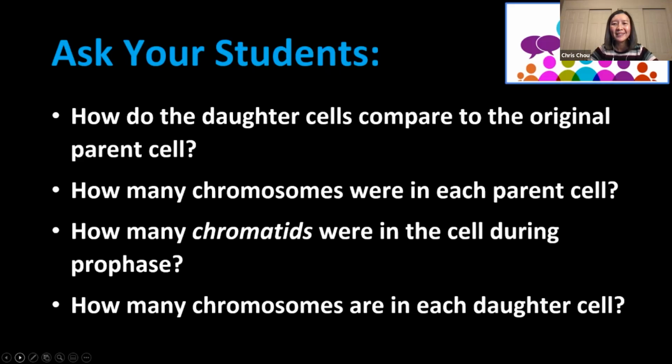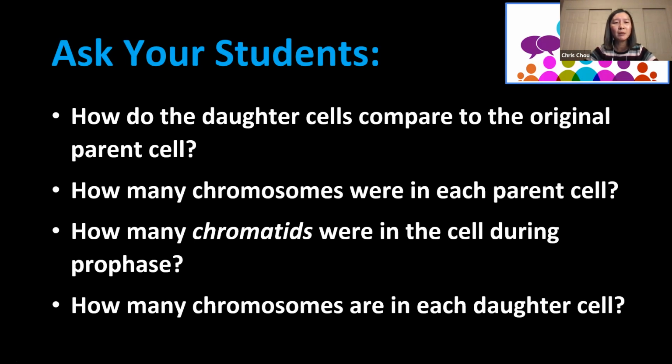Okay. So at this point, it's really helpful to circulate around the room and ask students some probing questions to see, do they really understand the process of mitosis, that you're starting from one cell and making 2 identical copies or clones of that parent cell.